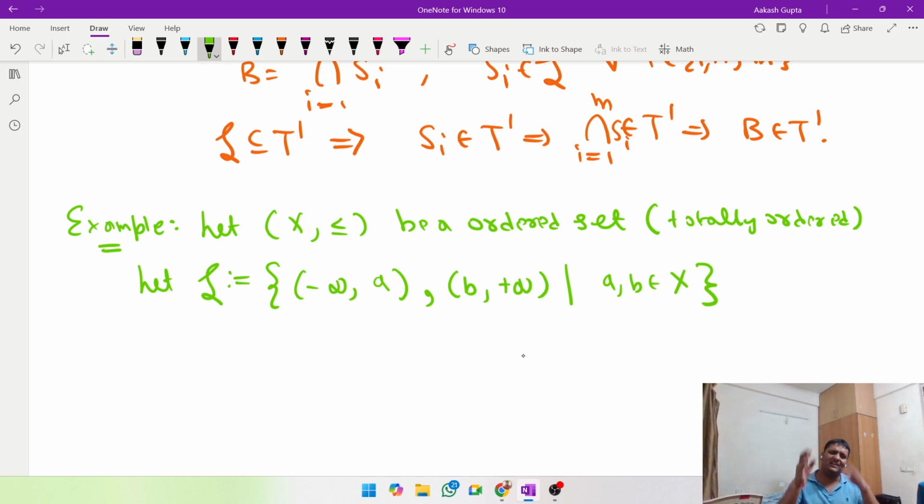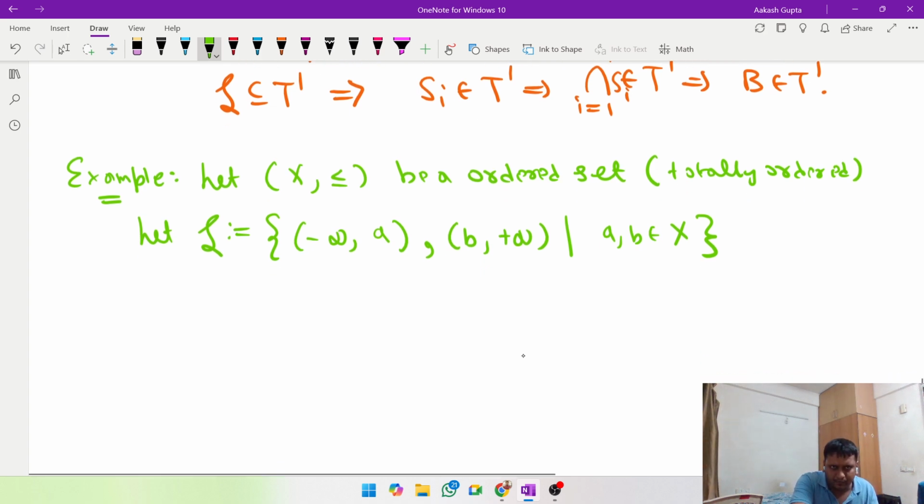So what is this? The collection of, for example, intervals like you define them in R. I'm leaving it as an exercise to see how this is analogous to the real line R. Now I just want you to observe one thing.